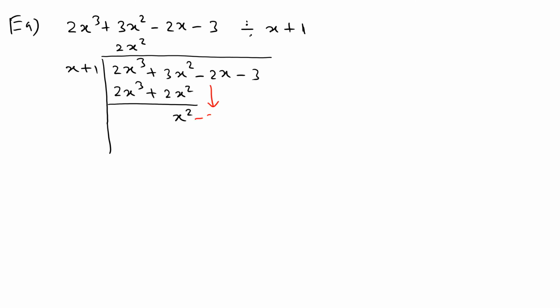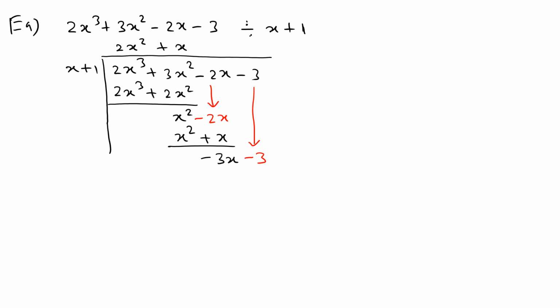So it is negative 2x. Compare the leading terms, you can see that x is missing. So when you multiply by that, you get x squared plus x. Subtract. When you subtract, that means change the sign and add, you get negative 3x. Bring the next term down, which is negative 3.